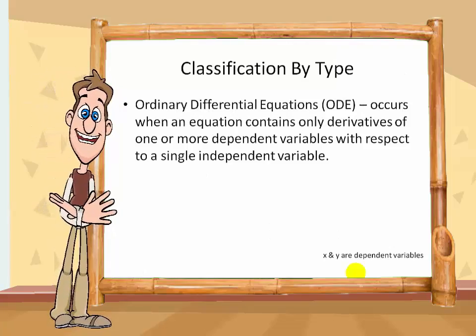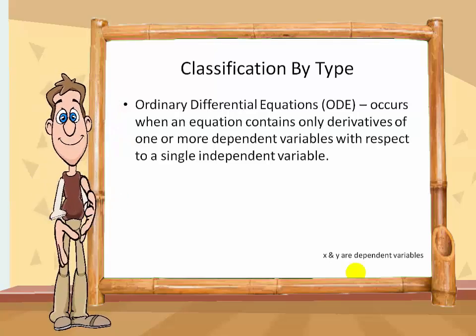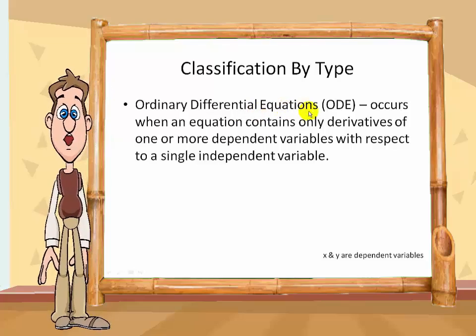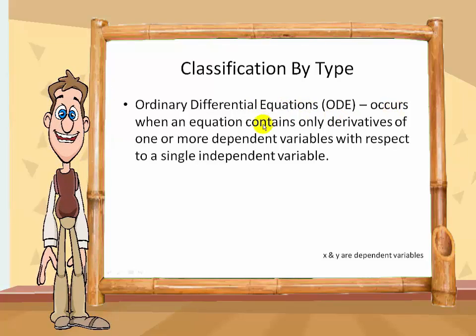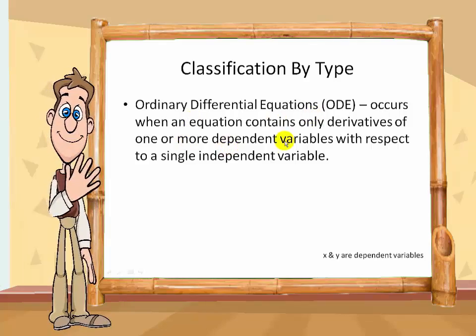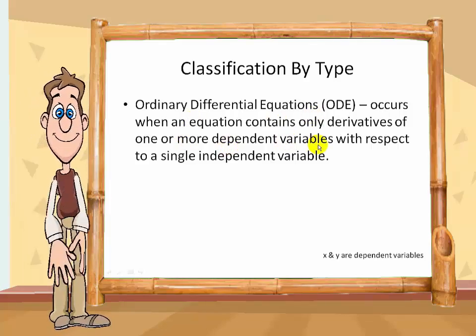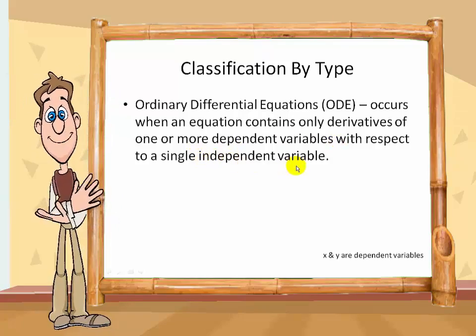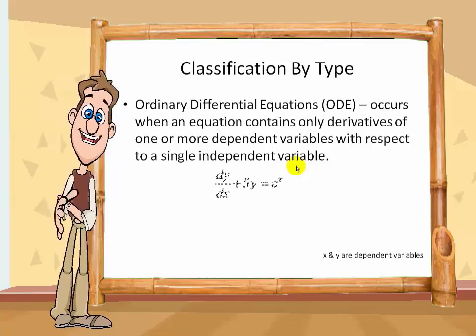Now let's look at classifications of ordinary differential equations by type. So what is an ordinary differential equation? This occurs when an equation contains only derivatives of one or more dependent variables with respect to a single independent variable. Let's look at some examples.